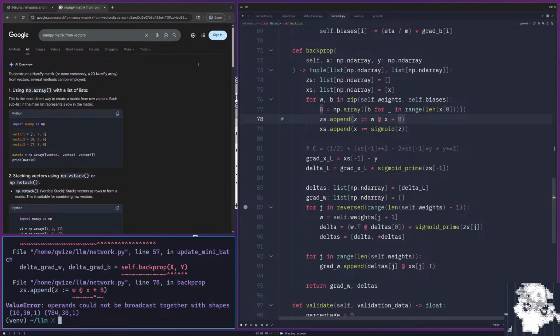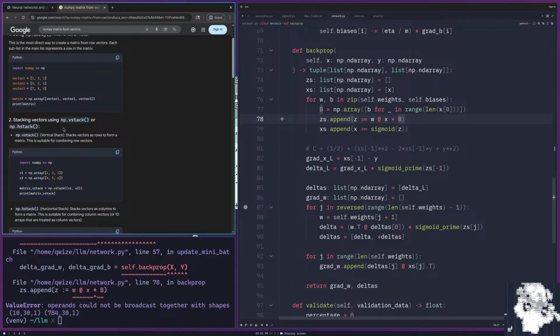So I'm trying to just use the same vector over and over again for B. But is that turning it into... Wait, vstack and hstack.